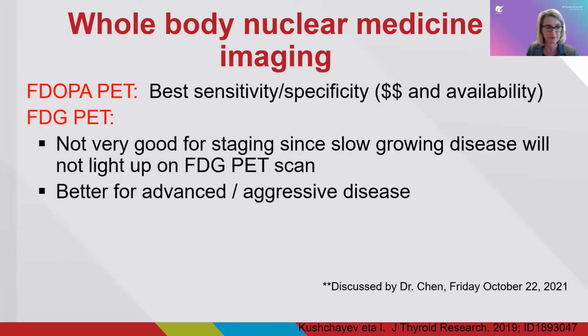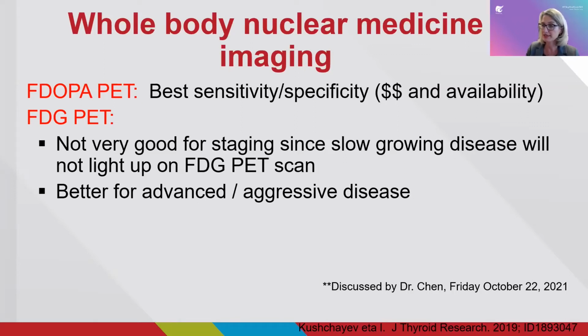The normal PET scan, what we usually refer to as a PET scan, is the FDG PET, which looks at your glucose activity in these spots. It's not great for staging, meaning when you want to see exactly where all the disease is, because if the tumors are very slow growing and not dividing very quickly, they may not light up on the PET scan because they're not very aggressive.